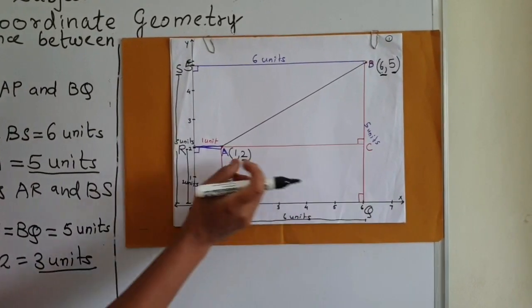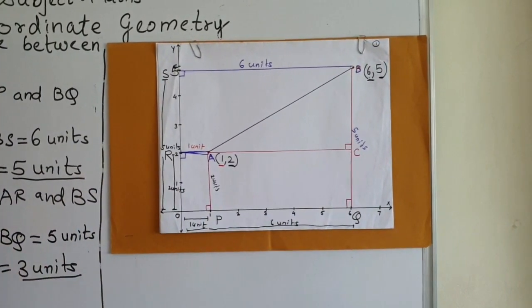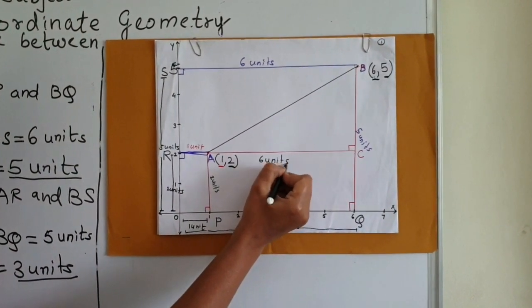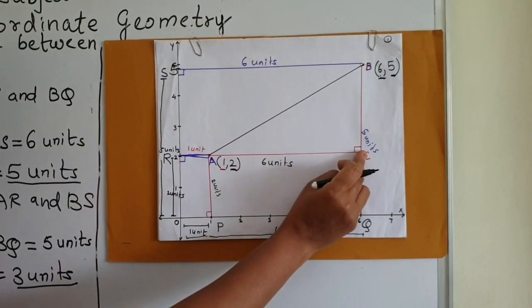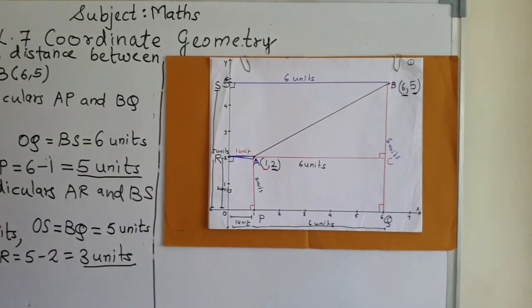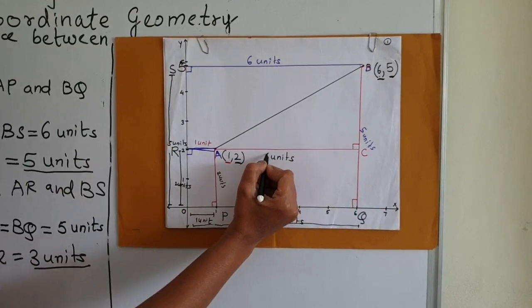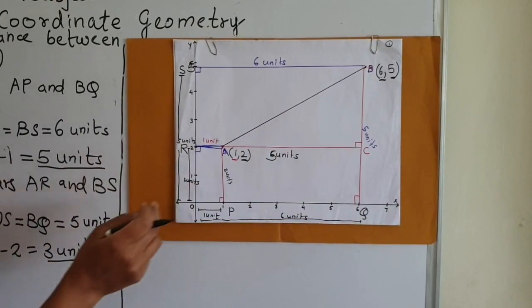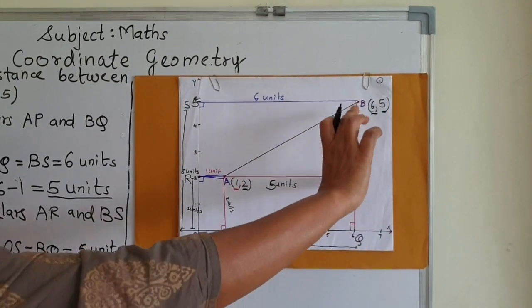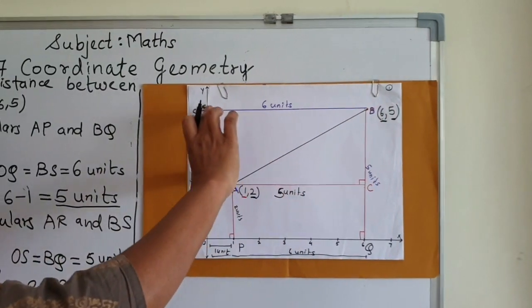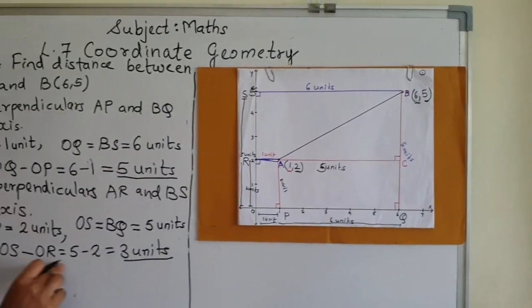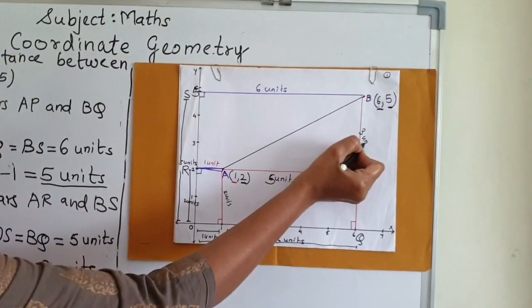PQ is equal to AC, so we get AC as 5 units. And if you see, after drawing point C, if you compare this BC distance, is it equal to RS distance? So here what is RS? Here it is 3 units.